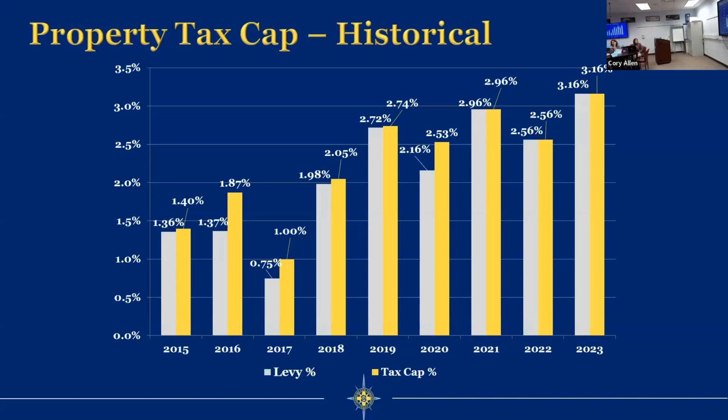The gray bar is what we actually went out as a percentage of the levy. The yellow is what the allowable levy limit was. You can see that over the last 3 years or so, we've been right at the maximum allowable levy limit. And notice the percentages, 2.6, 2.56, a little under 3. Even before that, it was much lower.